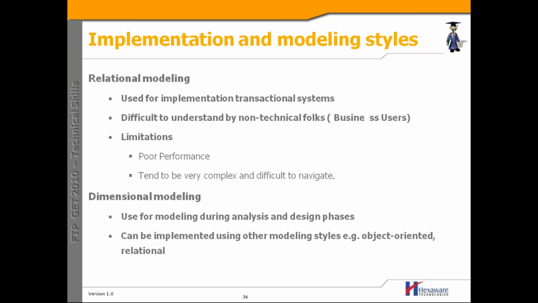The example I'm saying is, suppose an end user wants to create a report. To create a report in a transactional system is very difficult because of the structure of the operational system: the number of tables will be huge and there will be so many joins.